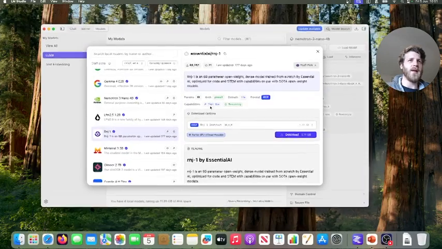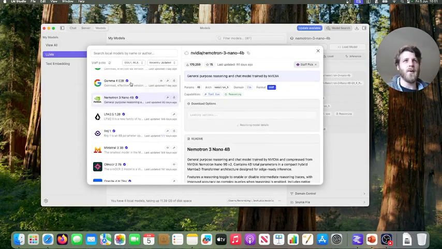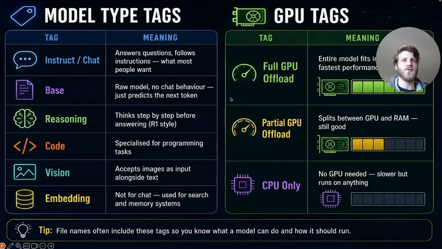So if we nip back over, that's this tool use and reasoning. So we know this model's been trained to use tools, and we know it's been trained to reason. If we pop up to one of these, we know that Google's Gemini 4e2b can receive images within its input, and it can understand them. So it's been trained on vision skills also.